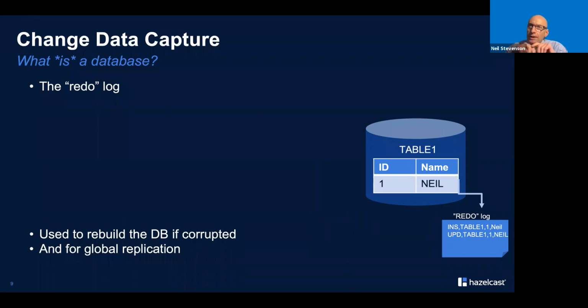So it's not like the table itself, where the data record changes, whereas the redo log is a history of what has happened. So there's an insert record, there's an update record, maybe there's a delete record. So you have to play through them to find out what the actual current position is. And that's what they do when the database gets corrupted, which really isn't a thing you want to happen.